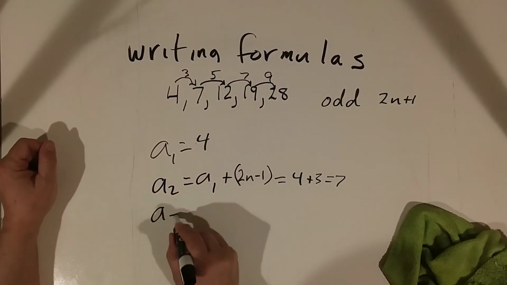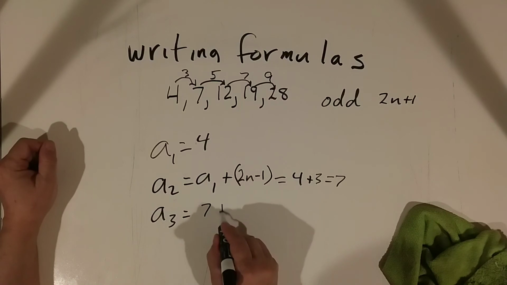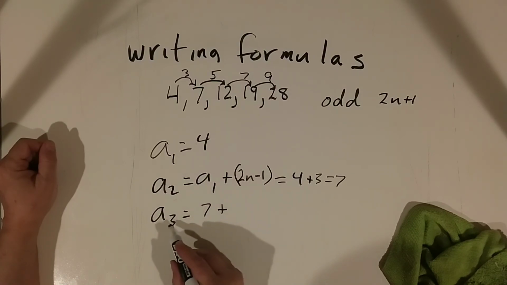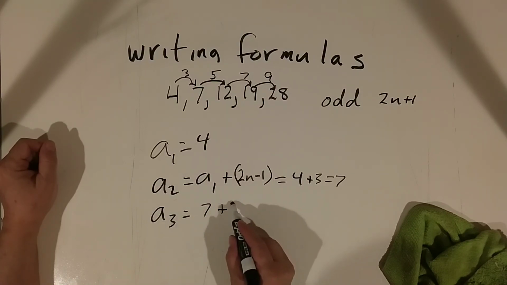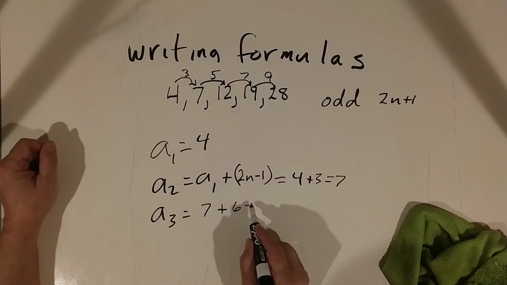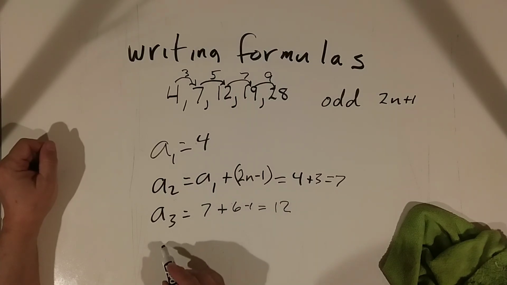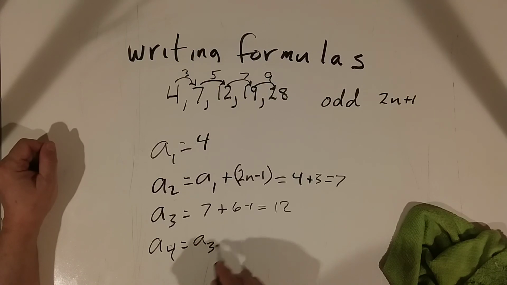A sub 3 would be a sub 2, 7, plus 2 times 3 is 6 minus 1, 5, that's 12. A sub 4 will be a sub 3 plus 2n minus 1.